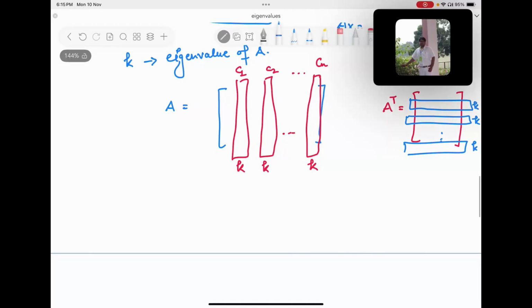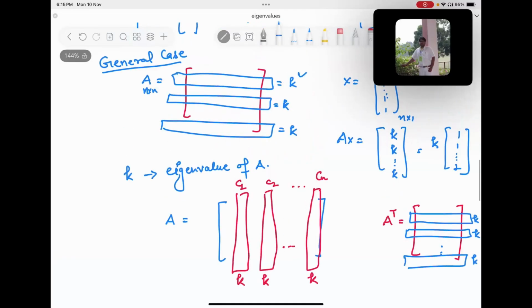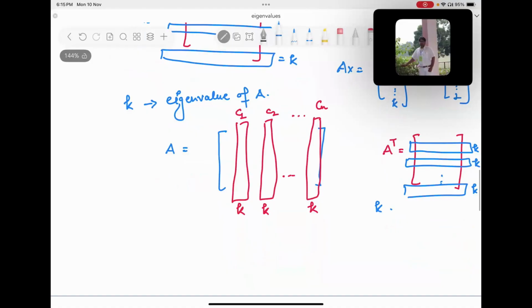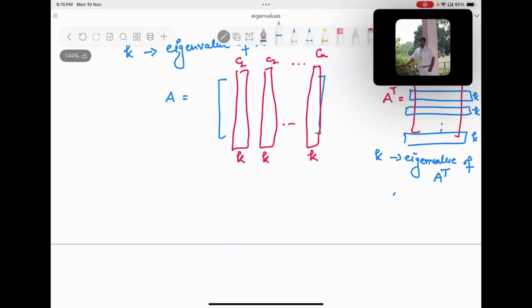From the previous result, k will be an eigenvalue of A transpose. Later we will prove that A and A transpose have the same eigenvalues.